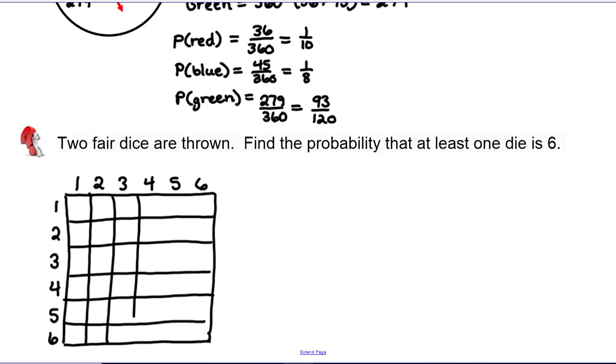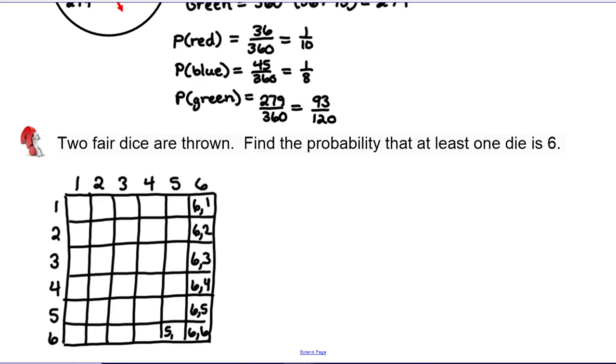It basically told us that one of the dice, at least one, had to be a 6. So all I care about is the columns and rows that have a 6 in them. So I'm just going to write these down because these are the ones I care about.